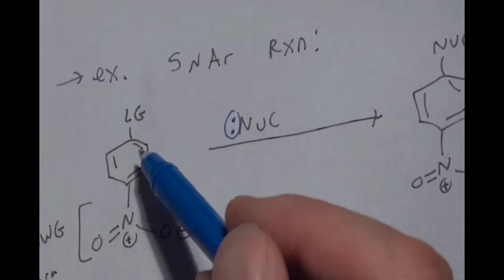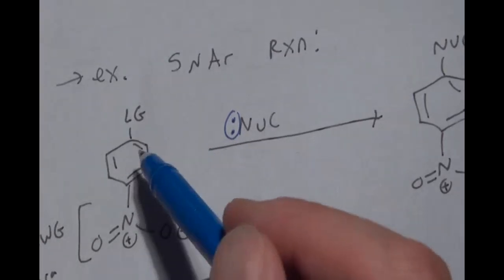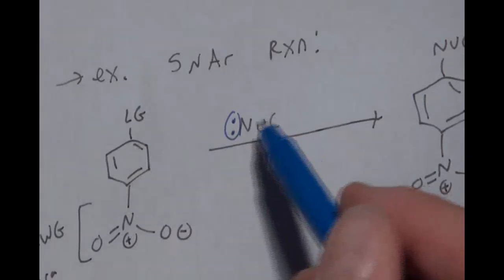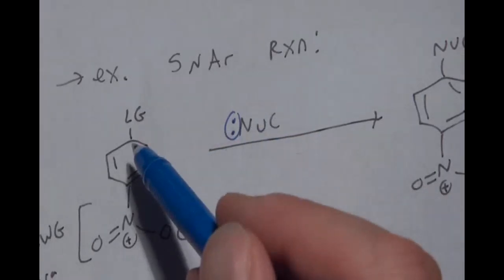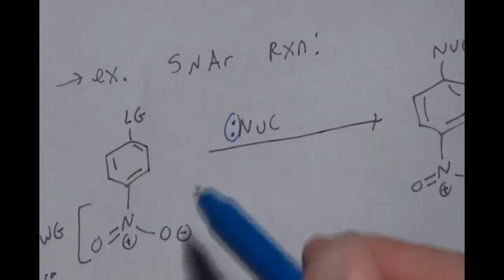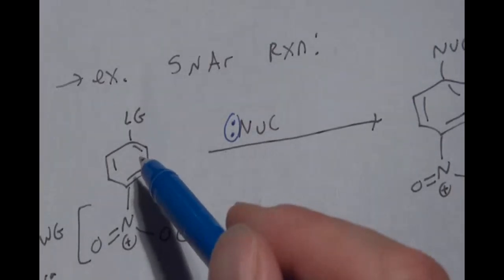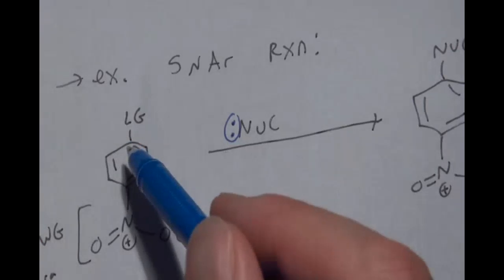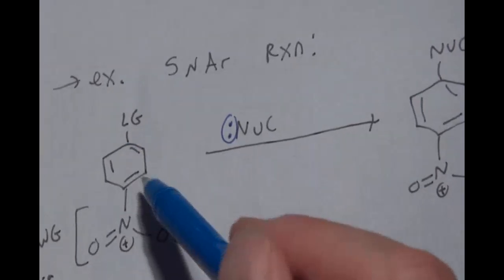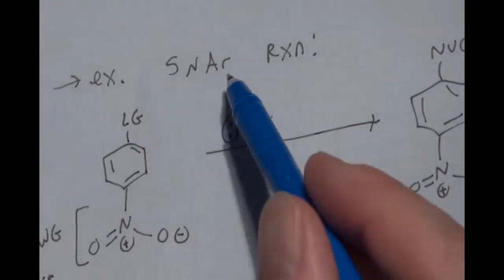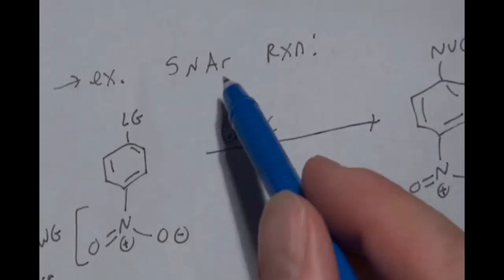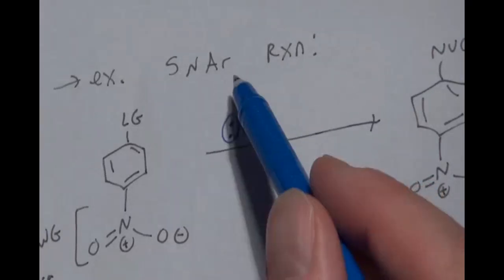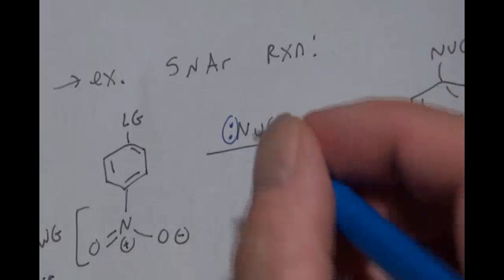Why can't this attack like an SN2 reaction? Well, it's not sp3, right? It's sp2. So it will attack, but it's just not going to be an SN2 reaction. What do you think the mechanism is going to be? It's going to be called SNAr, substitution nucleophilic aromatic.